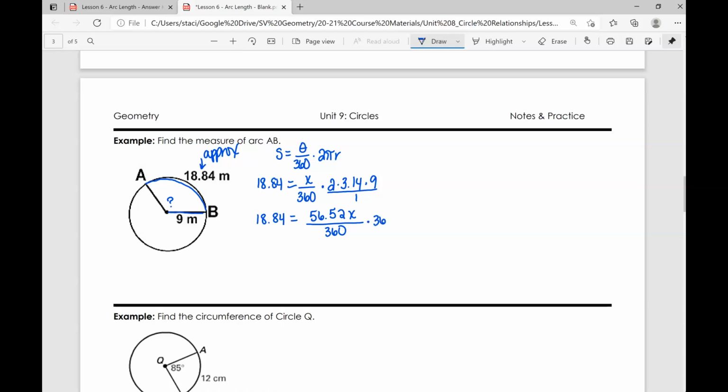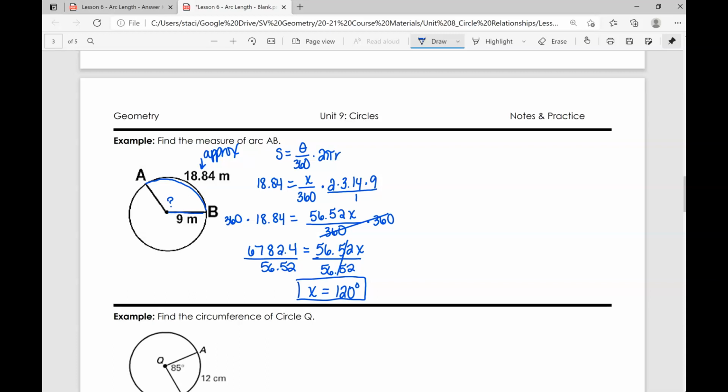I have to start by multiplying both sides by 360. 360 times 18.84 is 6,782.4, and that equals 56.52x. Now this part's easy. I just need to divide by 56.52 on both sides, and we get x is equal to 120, which means our central angle is 120 degrees.